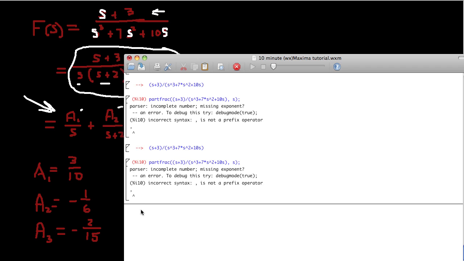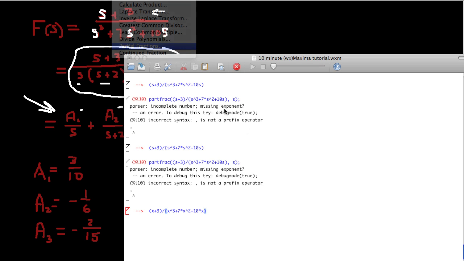Let me try changing the variable to x and see if that helps. X shouldn't make any difference. Here it is. Should have had 10 times s right here. Okay, 10 times s. So that was the mistake. It was what I just told you to watch out for. So let me change that to x since I've changed everything else to x. I forgot that.